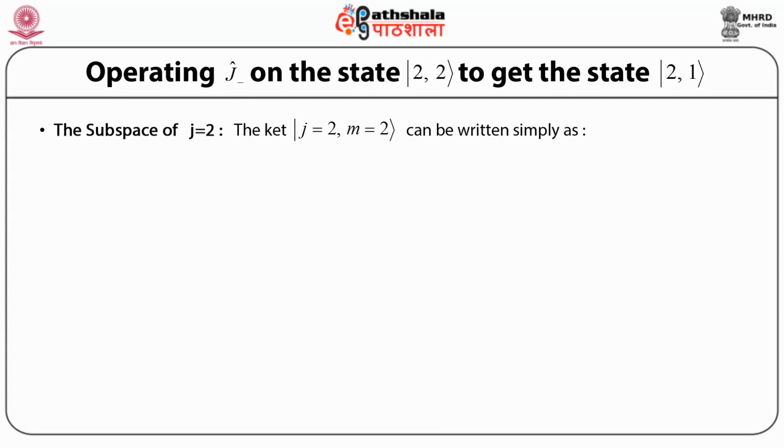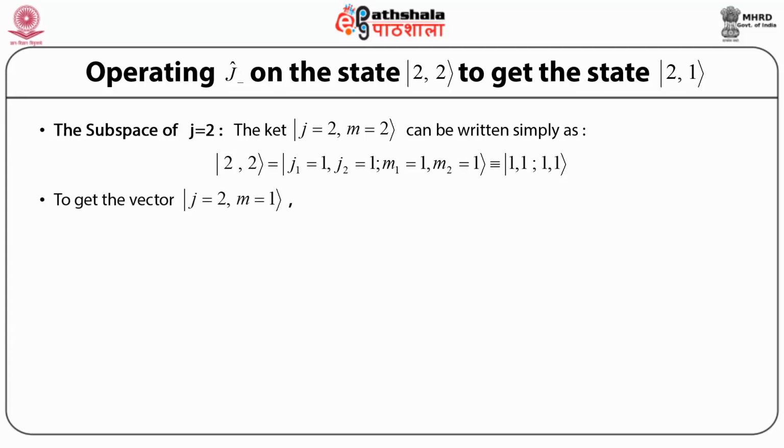The ket for j equal to 2 and m equal to 2 can be written simply as |2, 2>, which is equal to the ket j1 equal to 1, j2 equal to 1, m1 equal to 1 and m2 equal to 1, which equals |1, 1, 1, 1>.